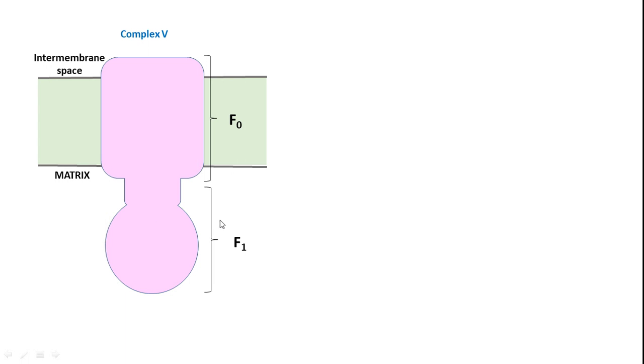Okay, so F0 holds the entire protein structure in place, and it also has the capability to act as a proton pump. It allows protons to move across the membrane from the intermembrane space to the matrix side, like this.